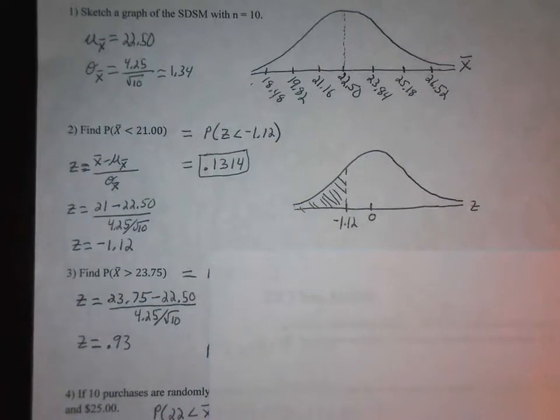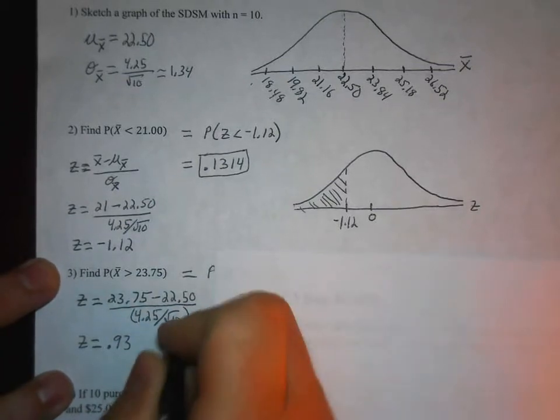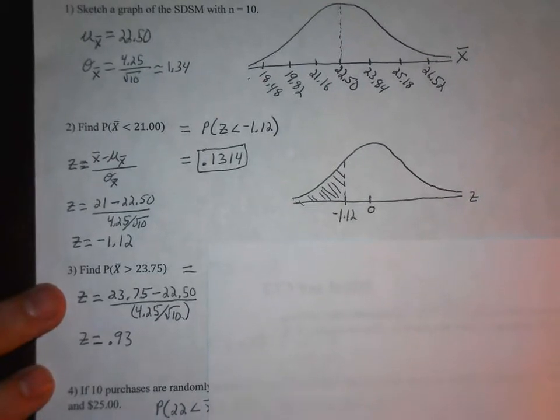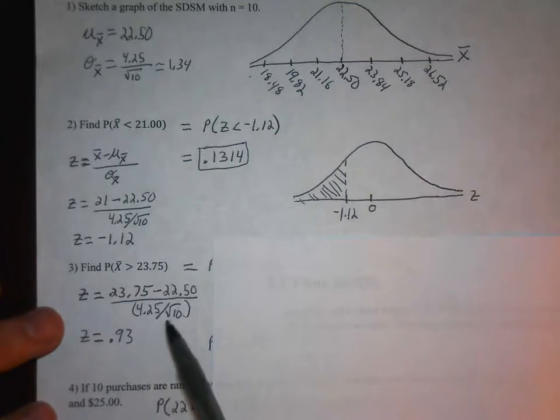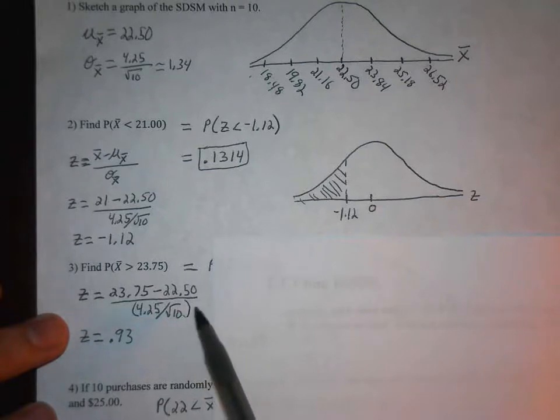And you will have to make sure that you have parentheses around that entire thing to keep it together. I suggest you do the numerator, press enter, and then divide by parentheses 4.25 over the square root of 10, and then end the parentheses.